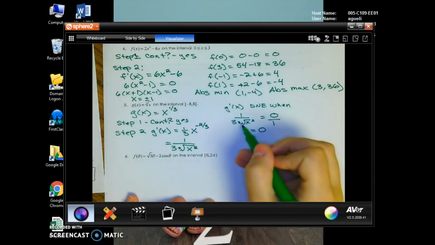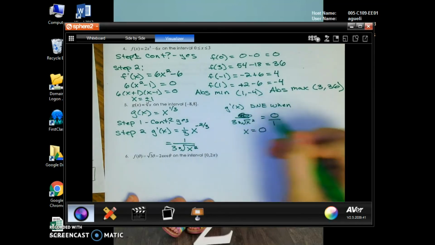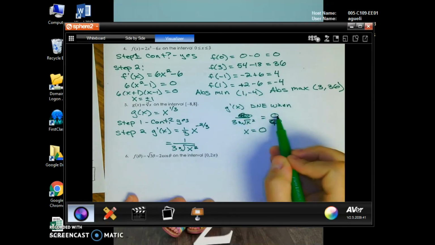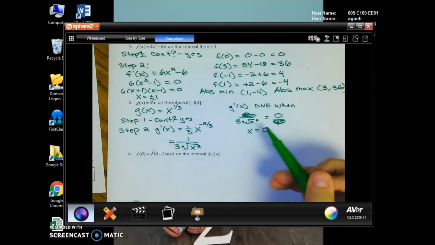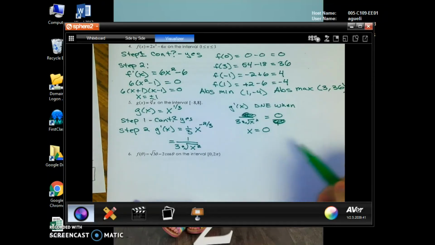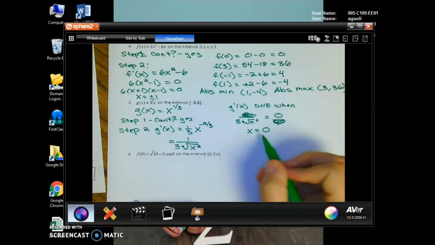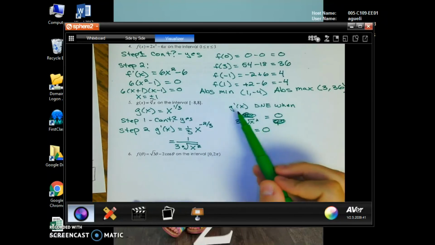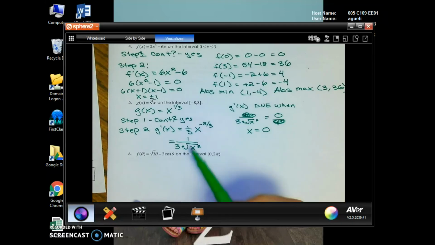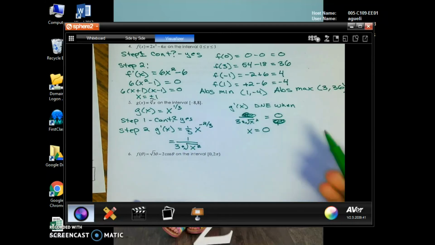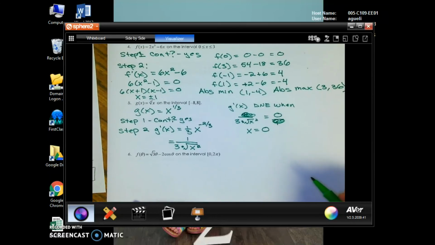I'm sorry, I said it's where this equals 0, so I shouldn't have done 1 over this. It's just where the denominator equals 0, so you divide both sides by 3, then square both sides and take the cube, or cube both sides and then take the square. Either way, it's going to be 0. I accidentally carried that 1 over, but I shouldn't have. Sorry about that. Okay, so that is our critical value.